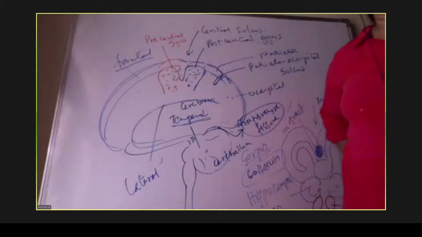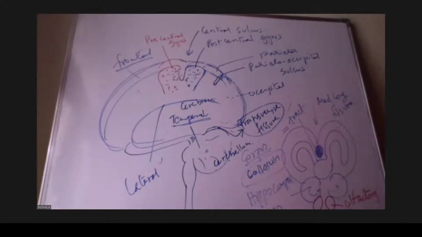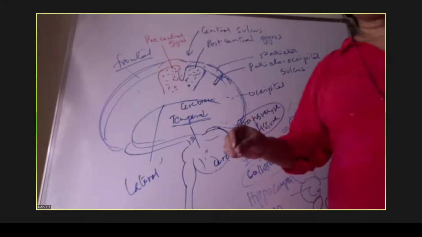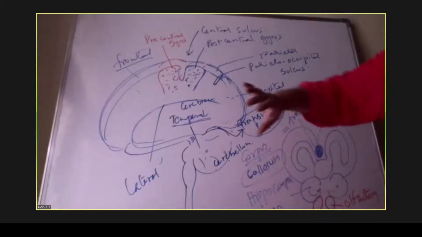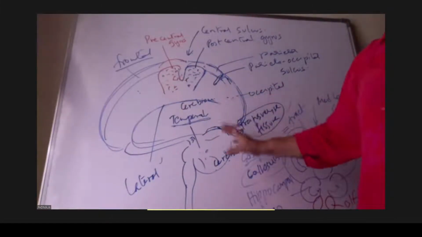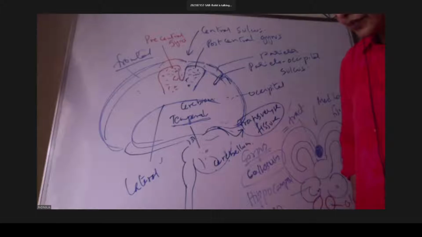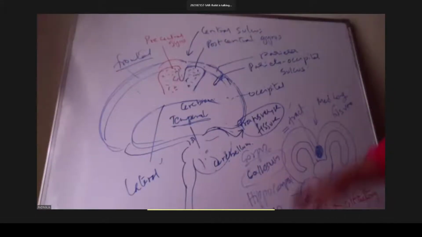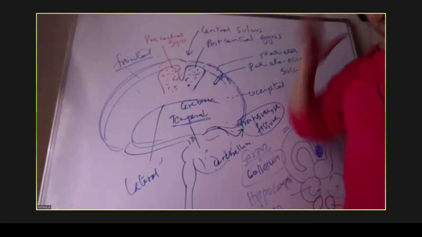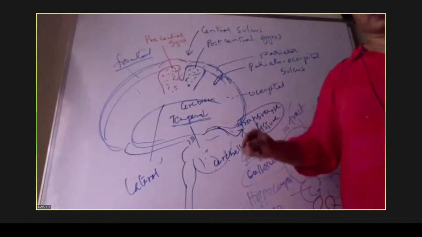Why is it gray in color? Any idea? Yes, cell bodies. That gray color is due to the cell bodies with Nissl granules.